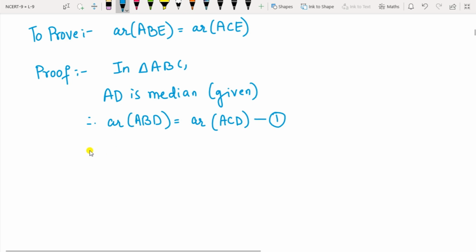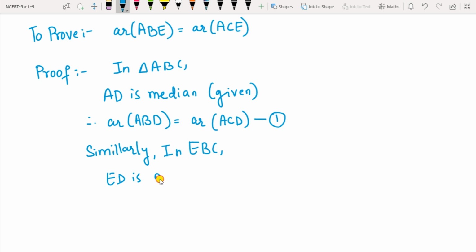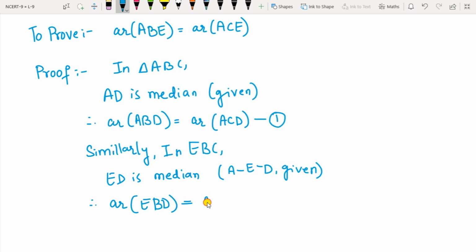Similarly, we will consider triangle EBC. Here ED is median because E lies on AD, that is given. E is any point on AD, and therefore area of triangle EBD will also be equal to area of triangle ECD. Let that be your equation number 2.